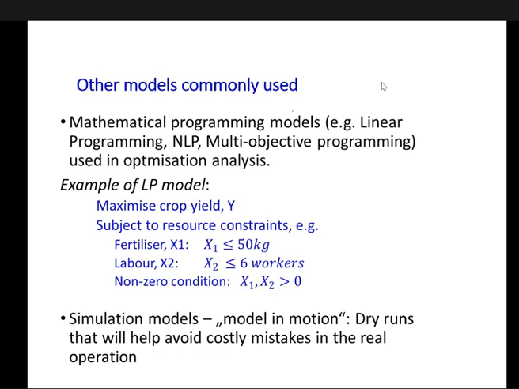So you can write them separately: X1 greater than 0, X2 greater than 0. The model will not make sense if the level of each of these inputs is equal to 0 or less than 0. It should be greater than 0.